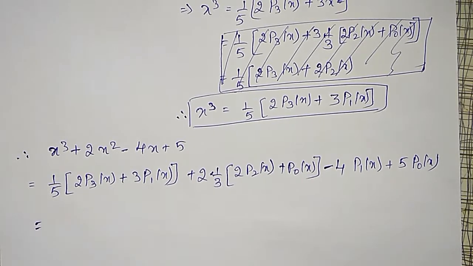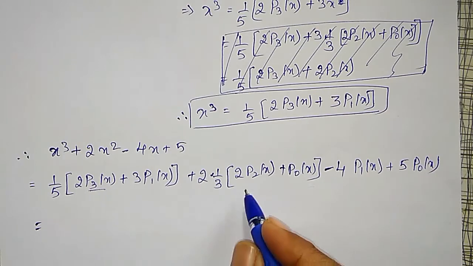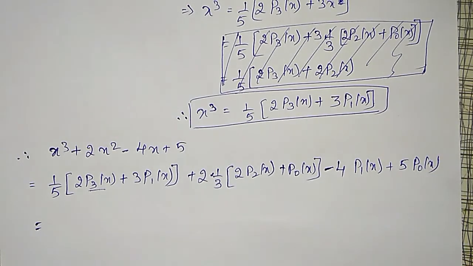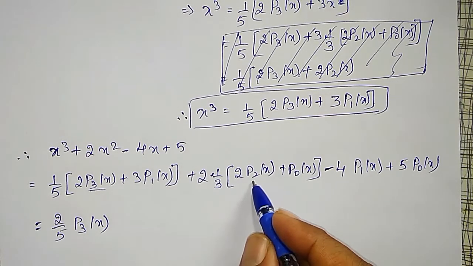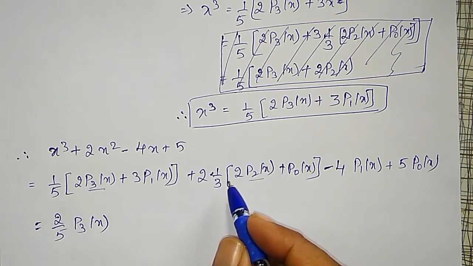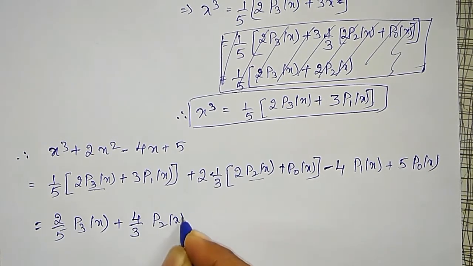Simplifying this, considering the P3 containing terms, only one term is there, therefore it is 2 by 5 P3 of x. Then P2 containing terms: here it is 4 by 3 times P2 of x.